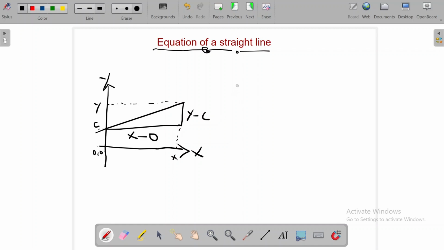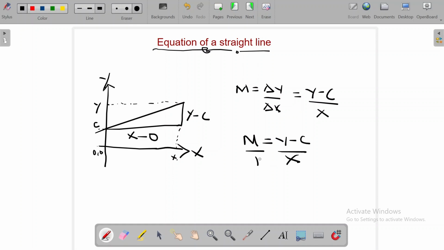So we all know that slope is given as a change in y over a change in x. So I can say the change in y in this case is y minus c, and the change in x is x, because x minus 0 is simply going to give us x. So I can say m is equal to y minus c over x.